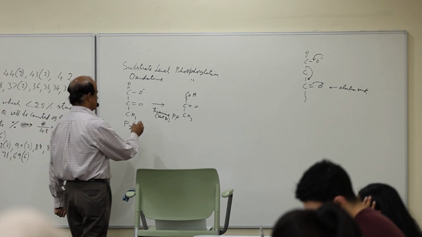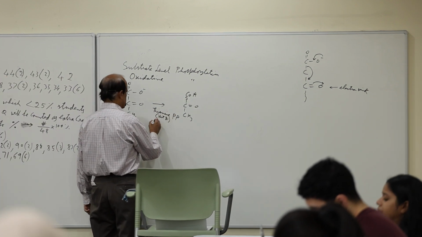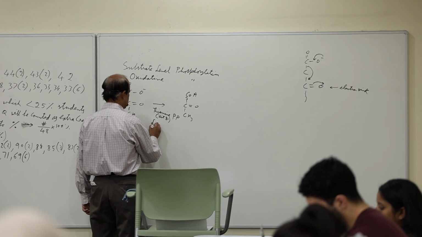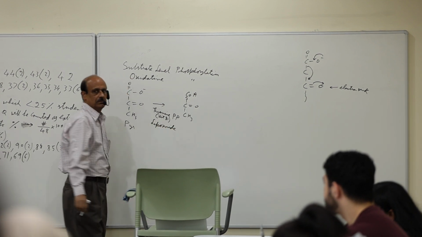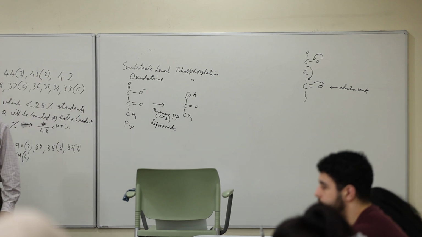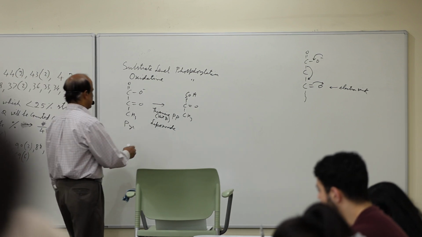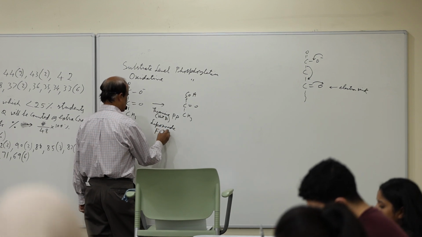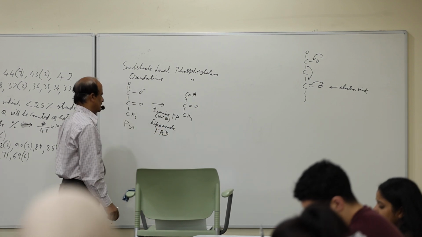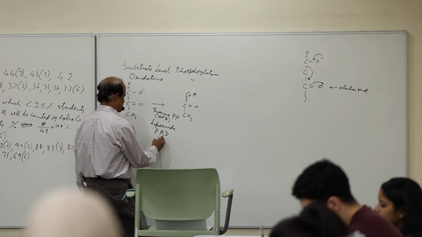And then there is another vitamin that is used as a coenzyme here, and that's called lipoamide. There is another vitamin, it's a vitamin and a coenzyme, which is FAD. And then finally it is NAD.